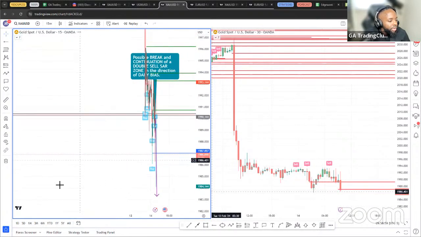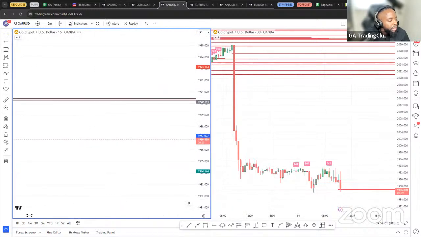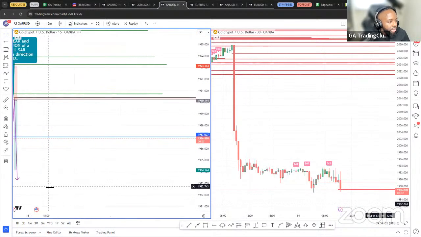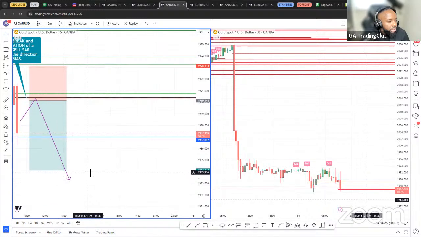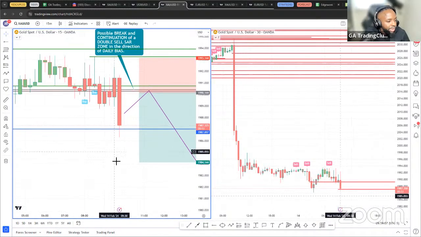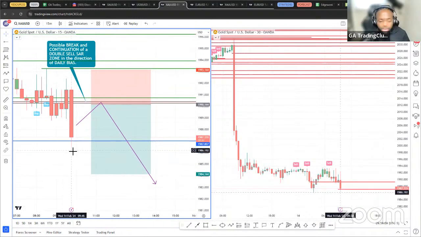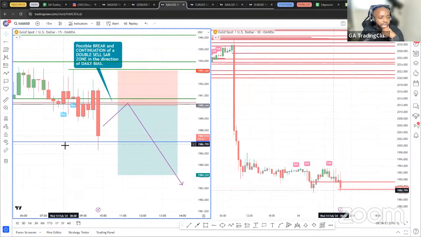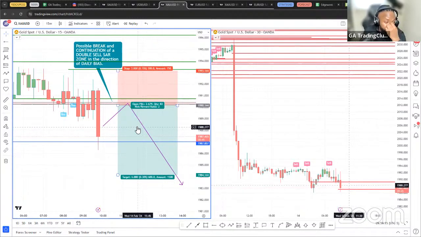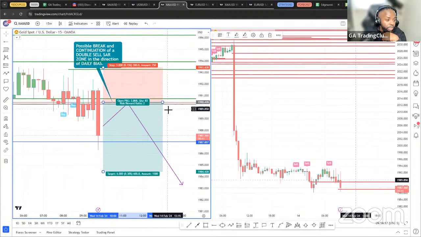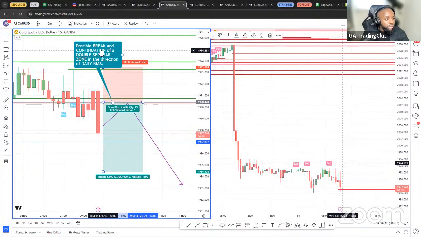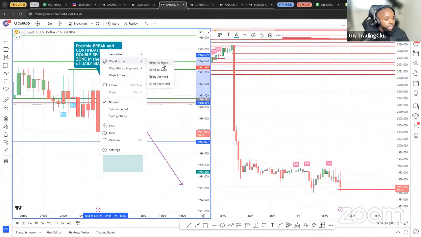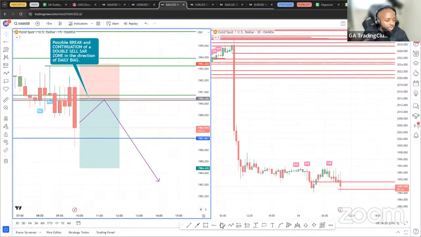I don't think we have any SARs here. So what I would want is to see a momentum buy. So I want to see a momentum buy in this zone right here. So I'll use the daily, the blue line is the daily bullish order block. Daily bullish low, and you can see that rejection off of this region.